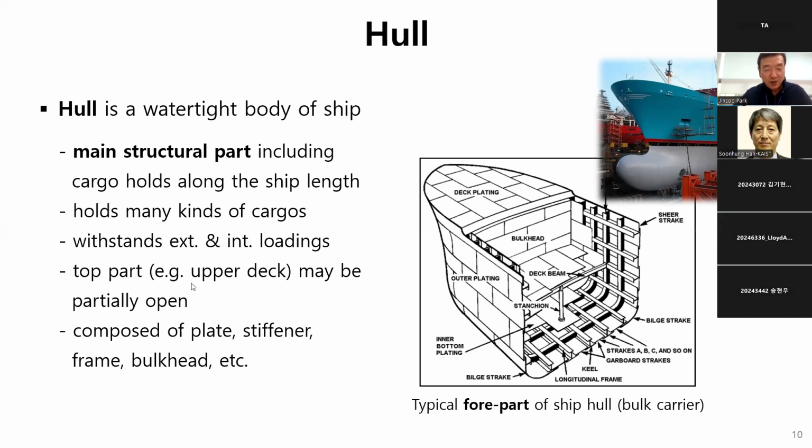Sometimes top part, in other words, upper deck, may be partially open to manage cargoes. It's also composed of many structural elements. From this sketch, you see very complicated inside, but from this photo, the outside of the ship is very smooth, looks very simple. Usually, inside is complicated, outside very simple.